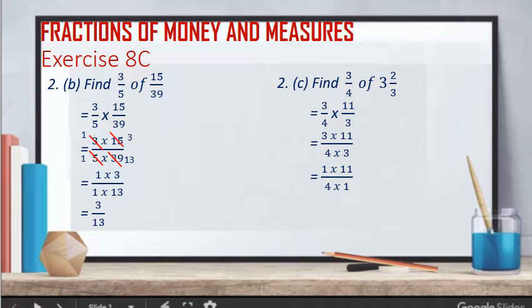Our answer is 11 upon 4. And 11 upon 4 is an improper fraction, so we are going to change it into mixed fraction, which is equal to 2 3 by 4.